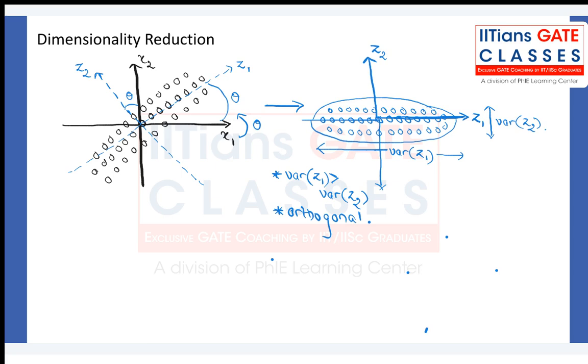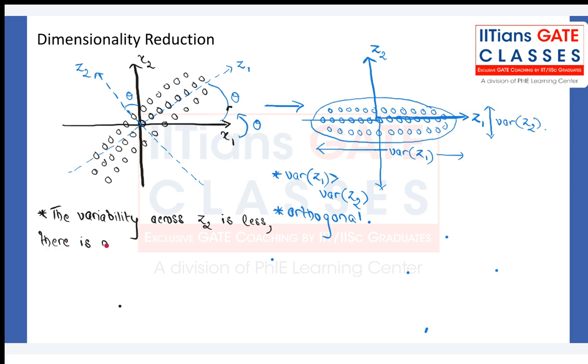Now, the most important point that you have to note here is that the variability across z2 is less, so there is not much information contained.